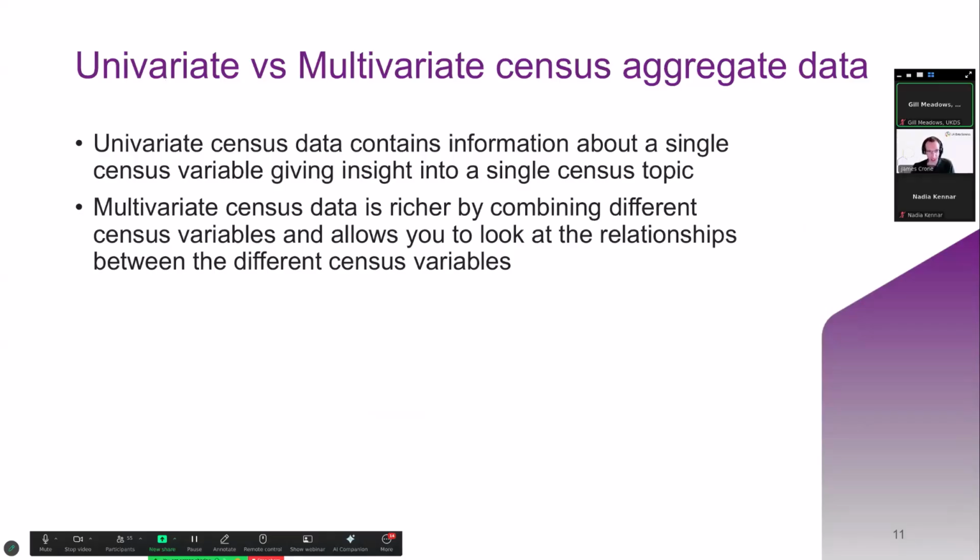The multivariate would expand that further by adding extra dimensions, so it would be method used to travel to work broken down by age or occupation. That would then allow you to look at how the elderly versus children or people of working age travel to work, rather than just having the general picture of how they travel to work. It allows you to look at the relationship and gives extra dimensions of insight into the data.